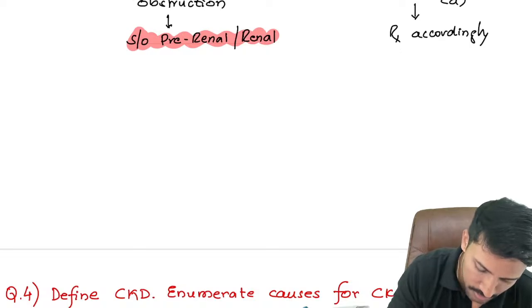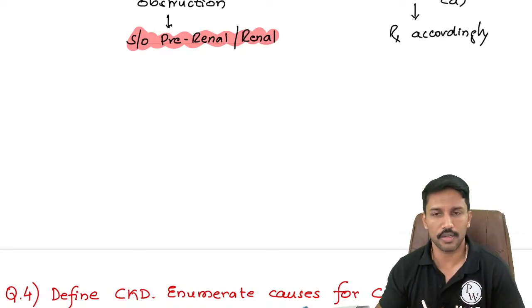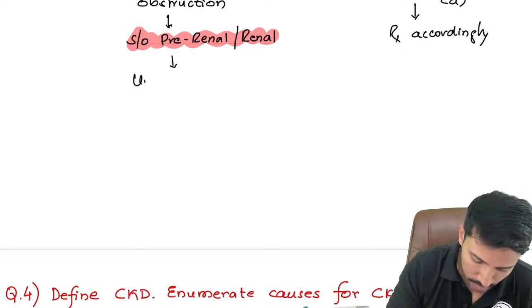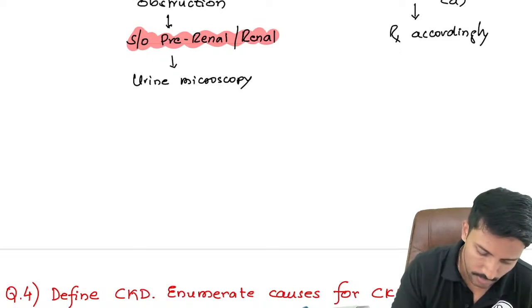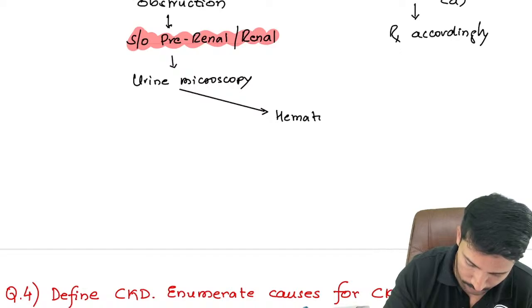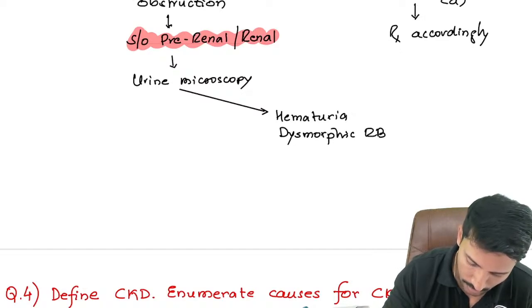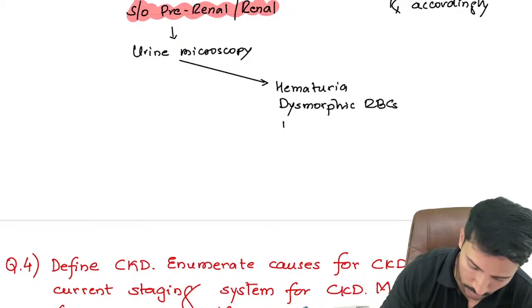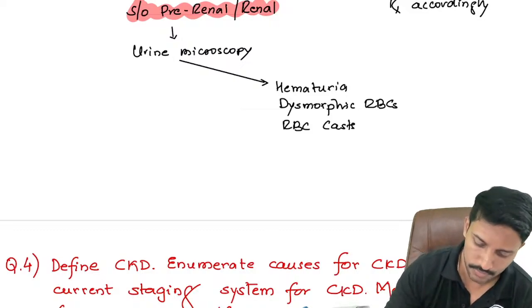Can anybody tell me how you differentiate between pre-renal and renal acute kidney injury? Okay, so now I have to see the urine microscopy. So if on the urine microscopy I see hematuria, right, or dysmorphic RBCs, or if I see RBC casts, what is it suggestive of?